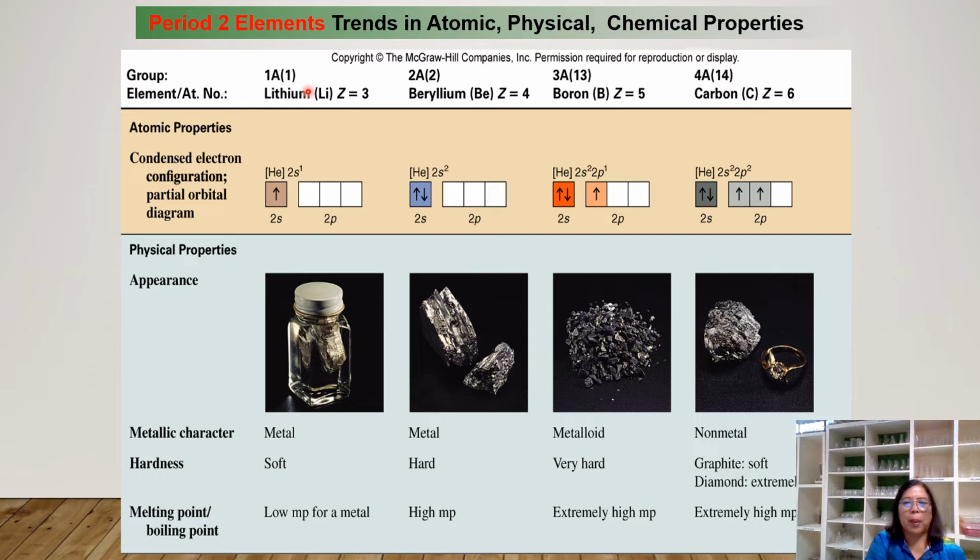Okay, let's go to the first line. All of them belong to the A group. So lithium belongs to group 1A, and underneath is beryllium in 2A. Next is 3A, boron, and then carbon for 4A.